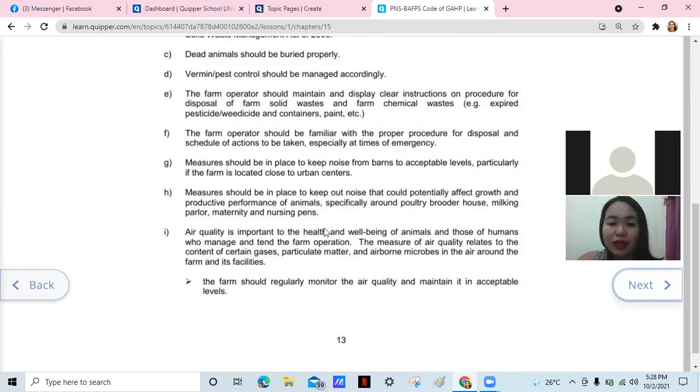So I'm just finishing this discussion on the Philippine National Standards on Good Animal Husbandry Practices. So actually, I think this would be the last page na.